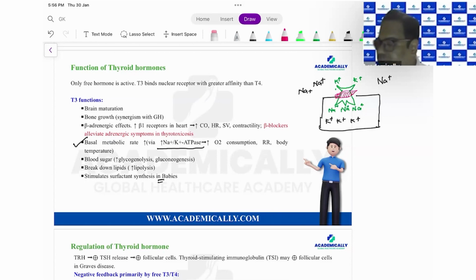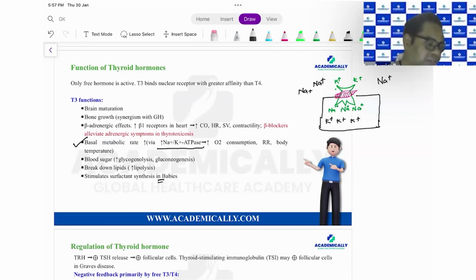So, the sodium potassium ATPase pump. It puts potassium back inside, it takes sodium back outside, and this is against the electrical gradient. This is creating imbalance, and so we need energy. Energy comes from breakage of ATP. So, sodium potassium ATPase pump.